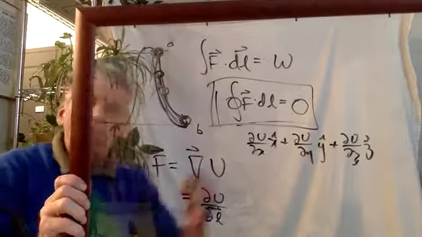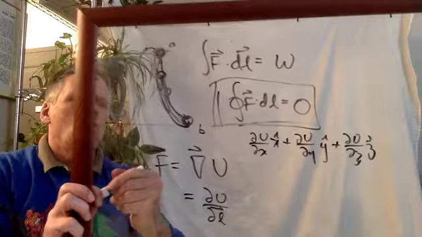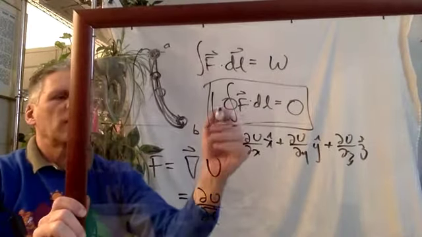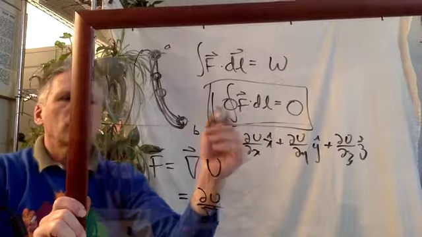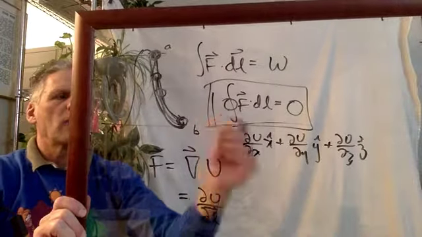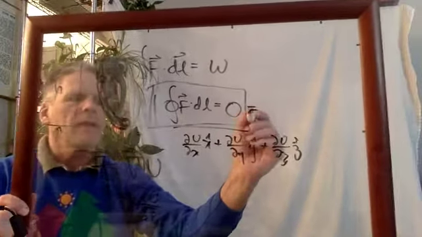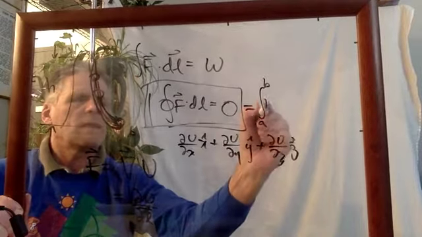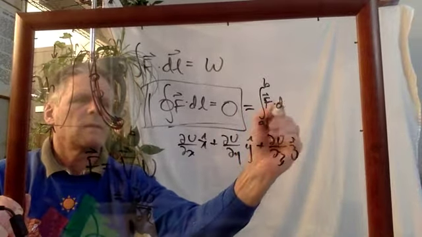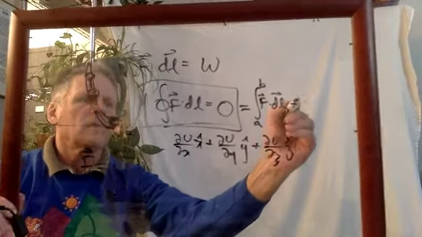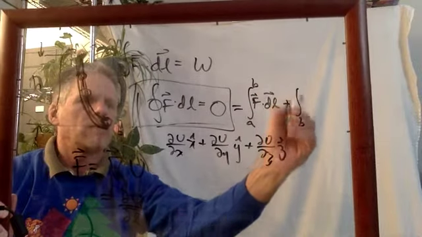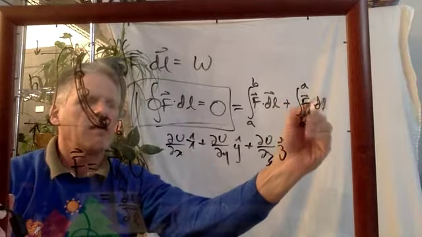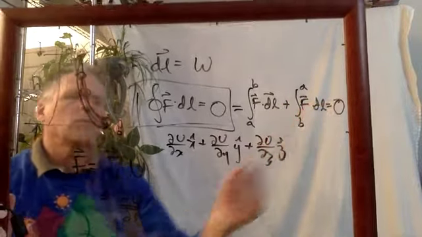Okay, so the question is, what does F dot dl become if we do that? Oh, I'm sorry, there's something important to recognize here. This closed loop here, another way of writing this is we could say that the integral from A to B of F dot dl plus the integral from B to A of F dot dl equals 0, right?